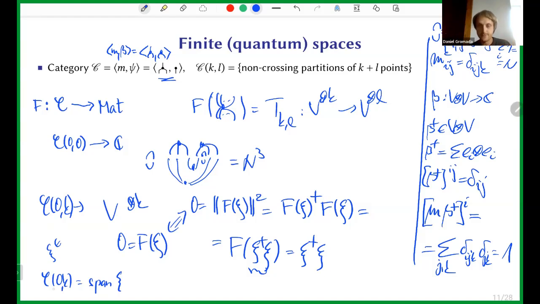So this is by definition the linear space given by formal linear combinations of the diagrams. So you have some basis here, and you can just compute the Gram matrix by computing psi i dagger psi j or something like that.